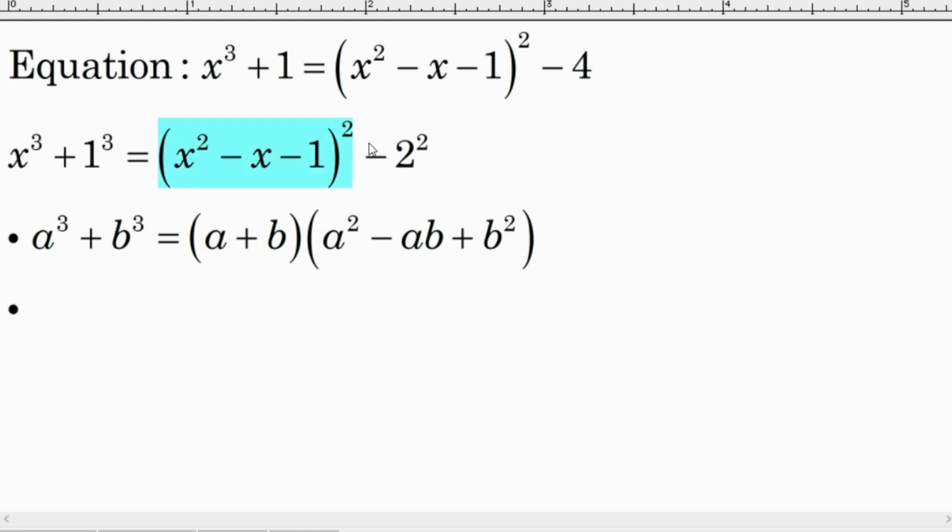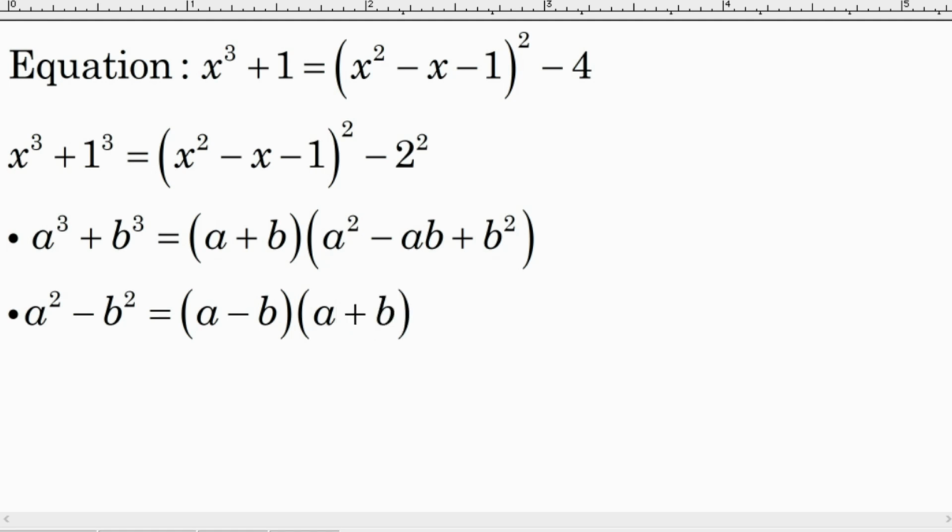Here we have the second side, which is in the form of a squared minus b squared, and this identity equals (a minus b) factor (a plus b). We will be using both of these identities to apply to the following equation.